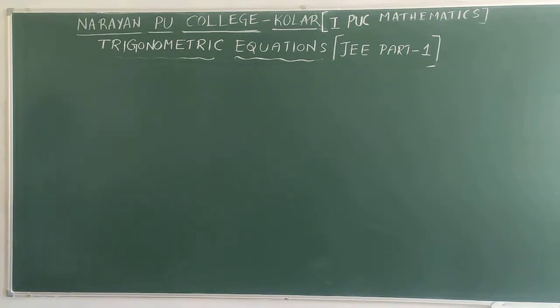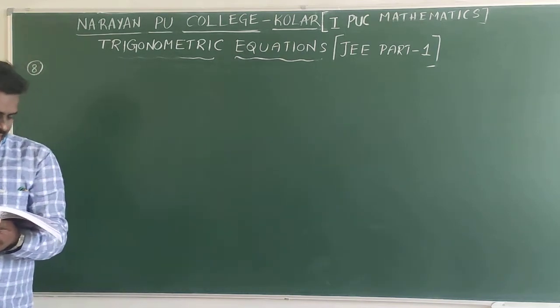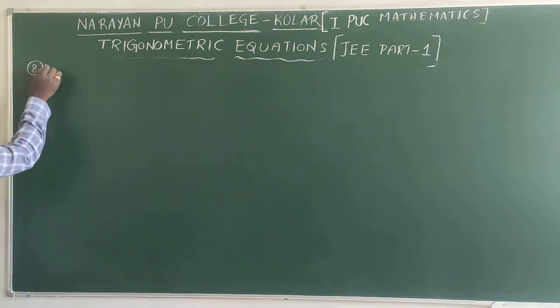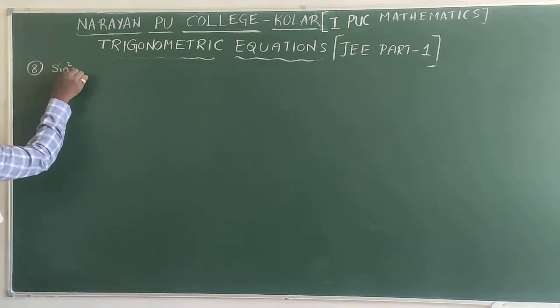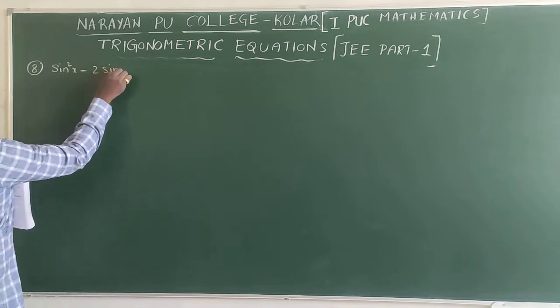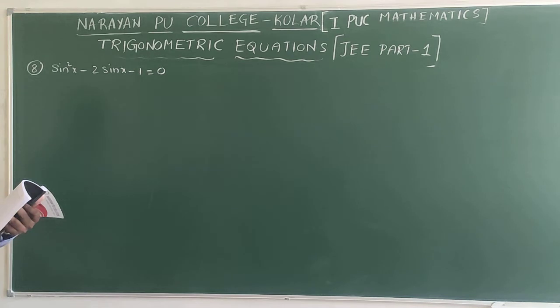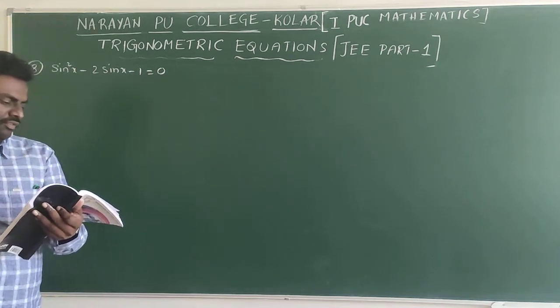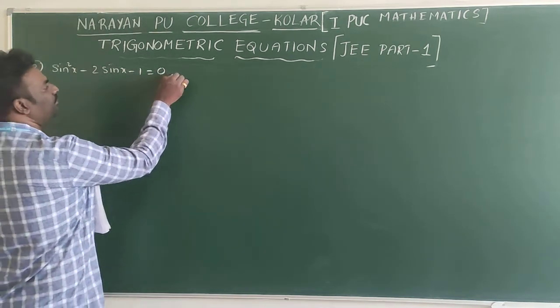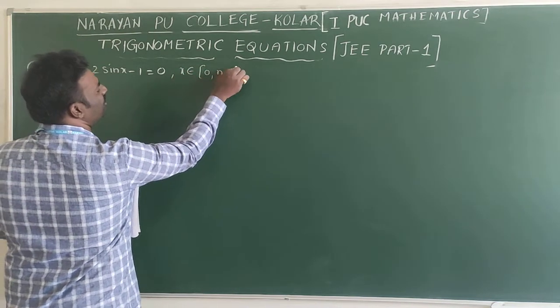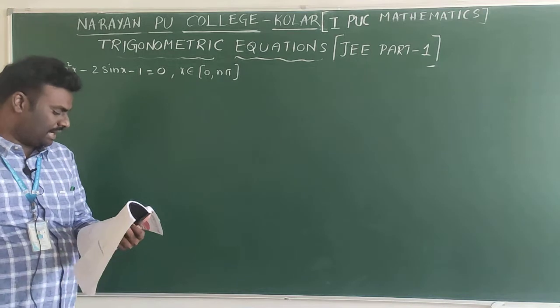Next, question number 8. See, in this they gave sin square x minus 2 sin x minus 1 equals 0 has exactly 4 different solutions and x belongs to the closed interval 0 comma n pi.